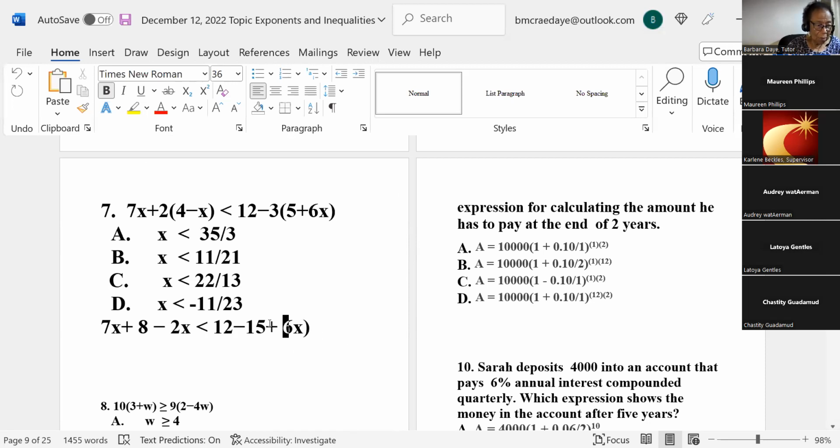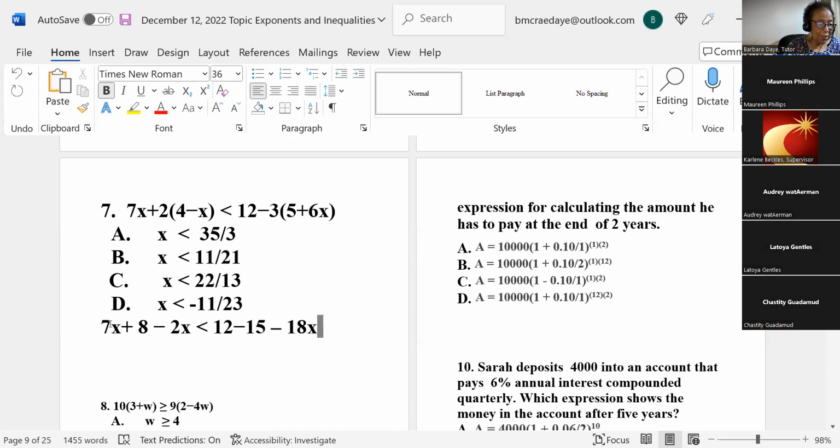So let's just put minus 18x. Okay, so now we've done our distributing and multiplied and simplified this, and now we have x's and constants. So our next step is to get all these x's together and to get the constants together.